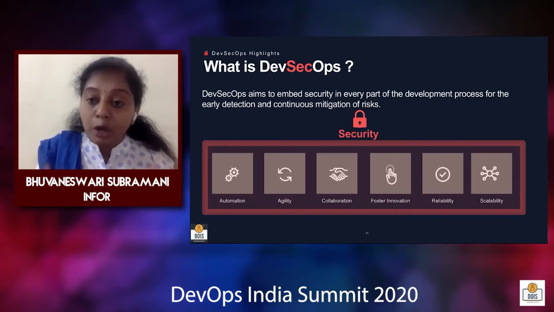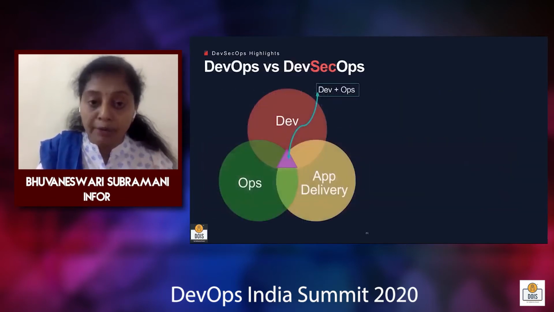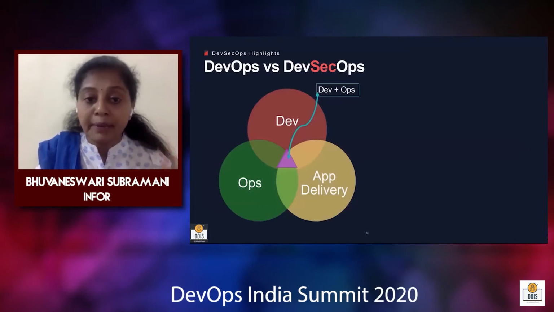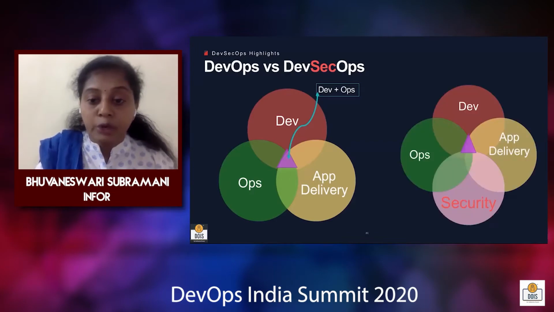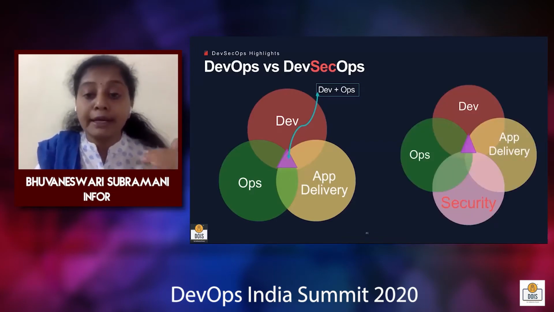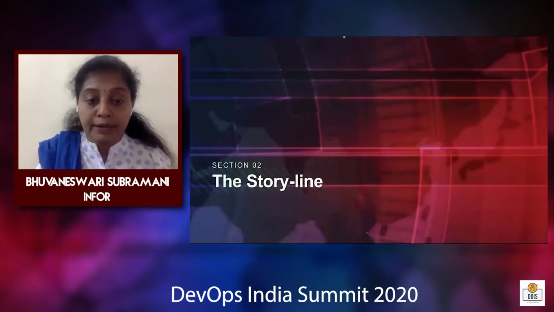So DevSecOps is a process where the security becomes the shared responsibility across all teams to ensure that the process is smooth and secure. The intention is not just to automate things, but in a secured way. So the difference between DevOps and DevSecOps is like addition of security in every stage of our development process. So with this highlights, let's get into the storyline for today.